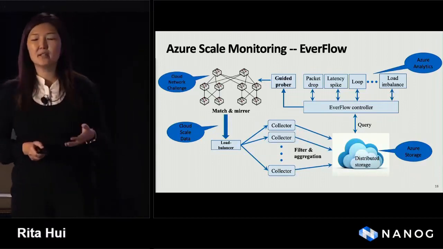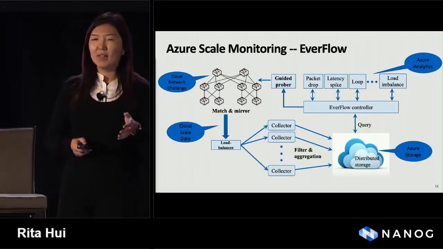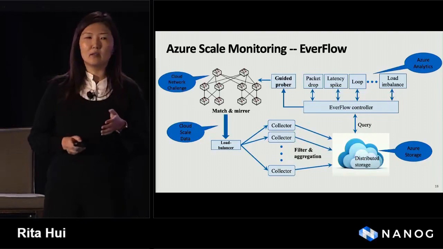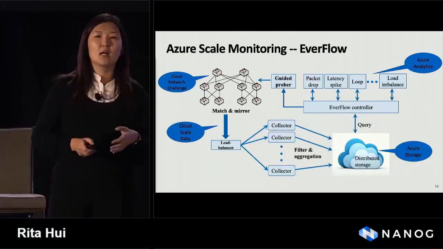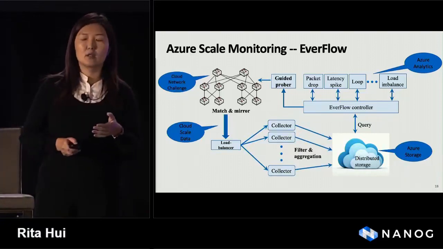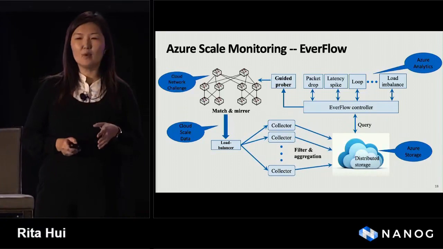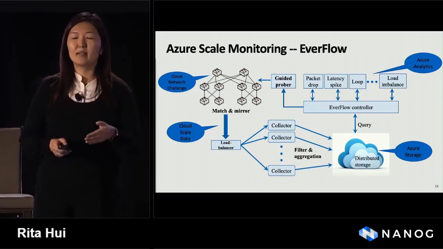One of the analysis applications is the packet drop debugger. When any packet drop happens anywhere in the network, it can quickly identify the suspected switch. And then with the guided prober, we can further confirm which exact switch is dropping packets and which specific interface.